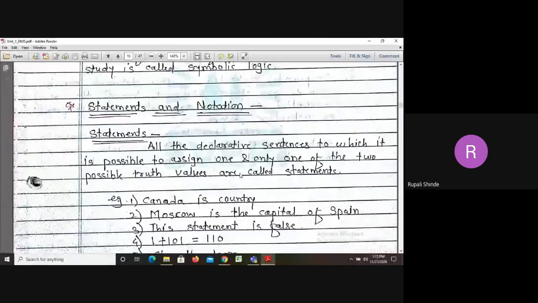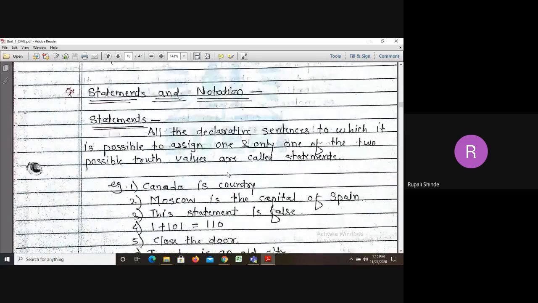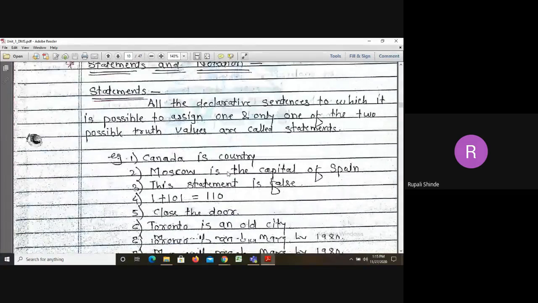So here we have seen what is definition of statement. So what is this statement? Any sentence for which it is possible to assign either true or false value, that is called as statement. And so we firmly can decide whether that statement is having truth value as T or F. Then only that sentence is called as statement.